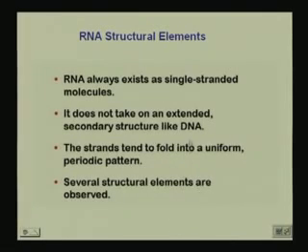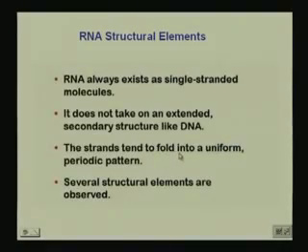So, you understand that in this case there is no necessity for a complementary base pairing, right. We do not have to maintain a distance because we do not have to maintain that linear polymer, the parallel ladder like structure. In this case, the strands usually fold in a uniform periodic pattern, and we have several structural elements that are observed. We have what are called bulges and helices and so on and so forth, which we will see in a moment.